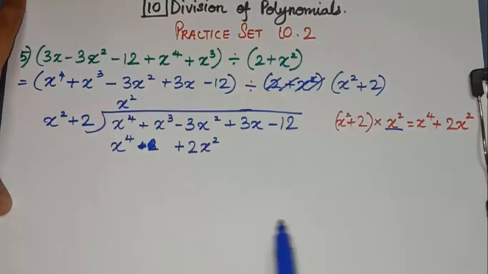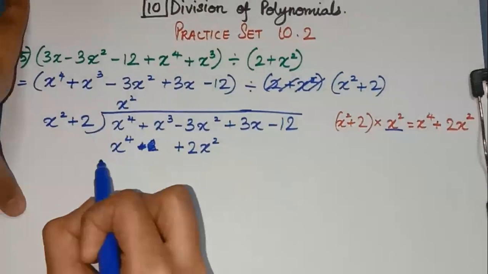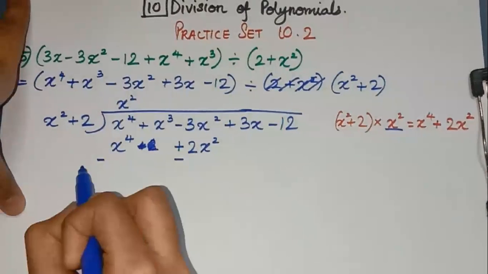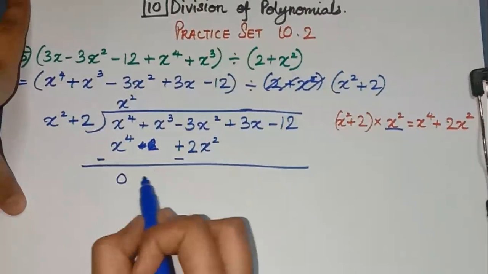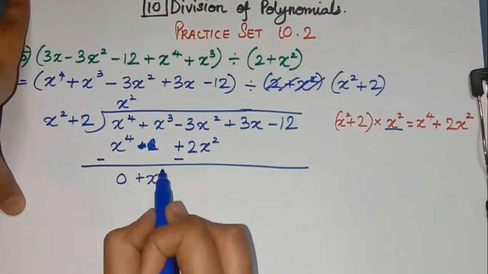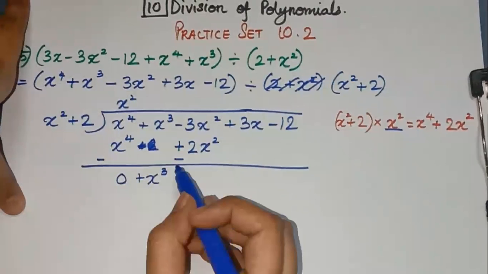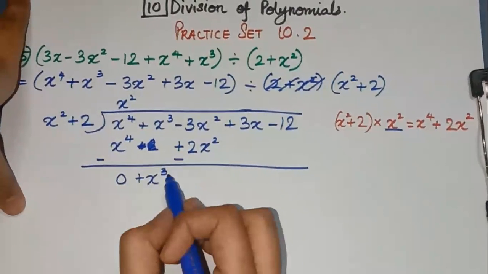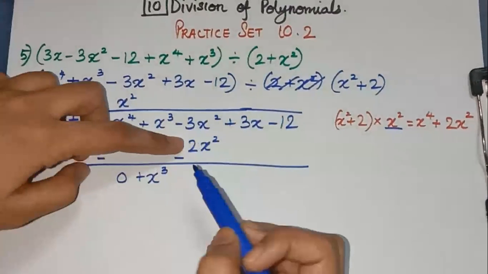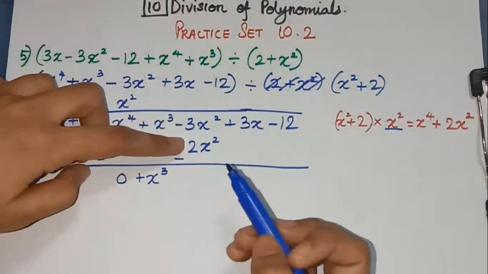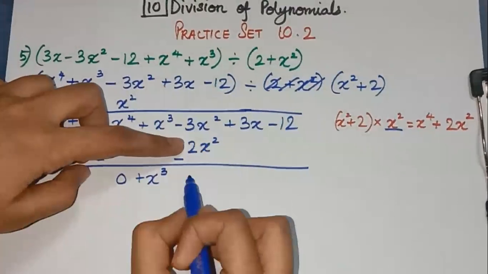Understanding? Okay, so I will subtract them, and here I will get 0. This term will be written as it is, plus 3x raised to 3 or x cube. This plus has become minus, so minus minus will give me plus. So these two terms should be added, okay?